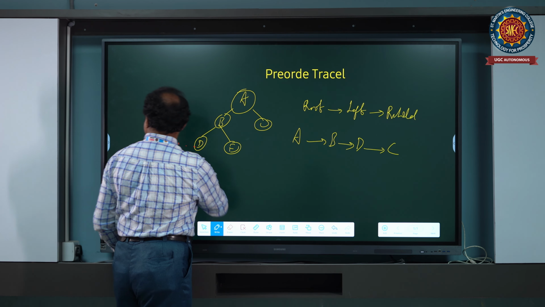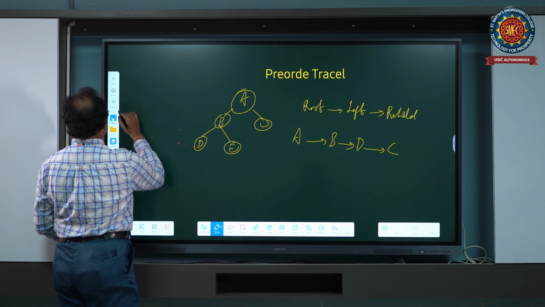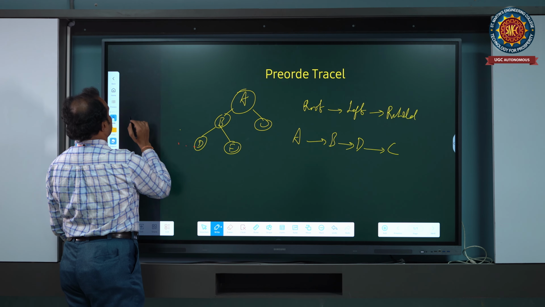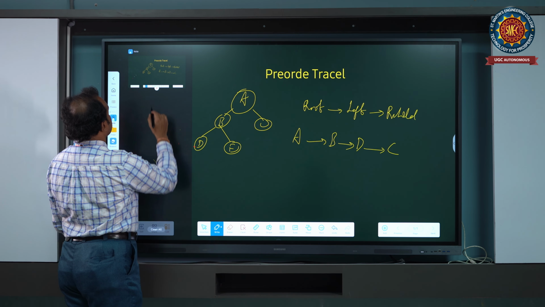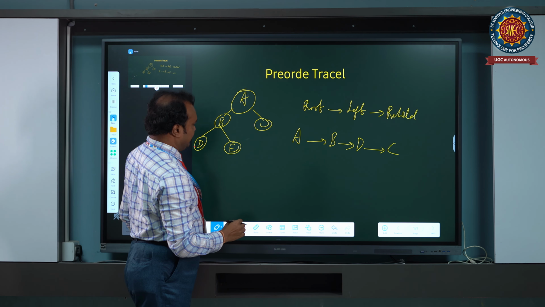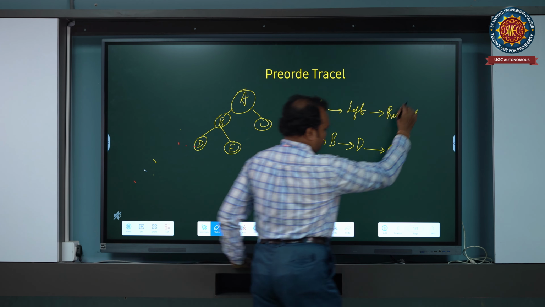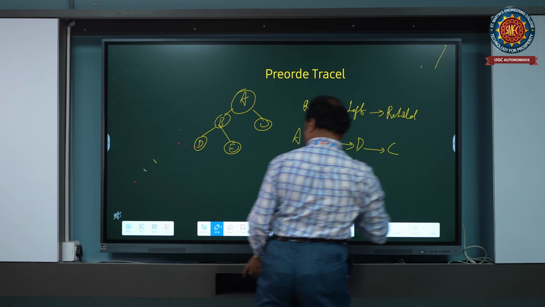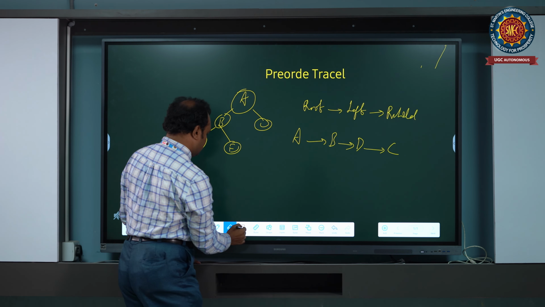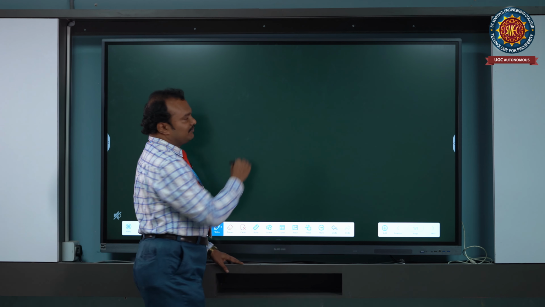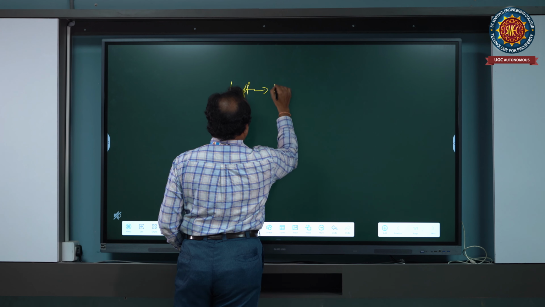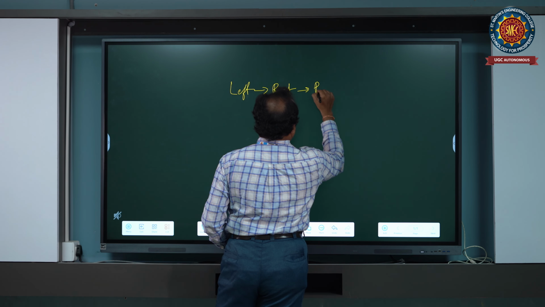The next traversal technique will be in-order traversal. In in-order traversal, the visiting order will be left child, root node and right child.